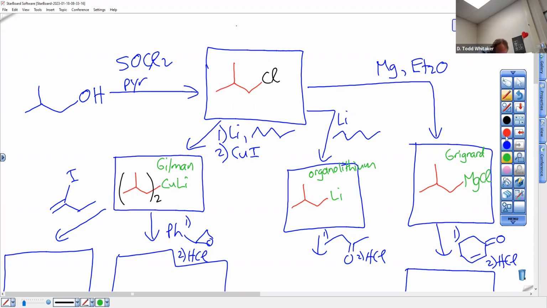Another way to do it would be this: IBu2CuLi. Isn't that the same thing? Yeah. IBu is an acceptable short form for what group? Isobutyl. You guys knew this. Ibuprofen, right? IBu. All right.